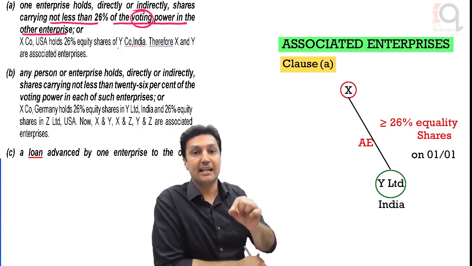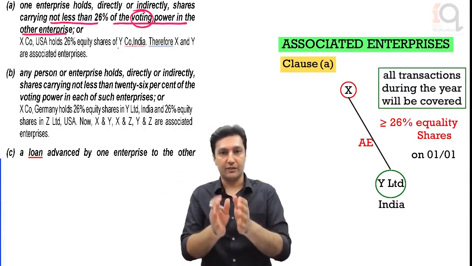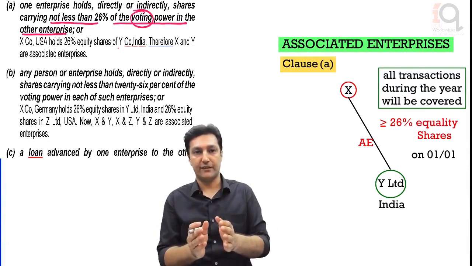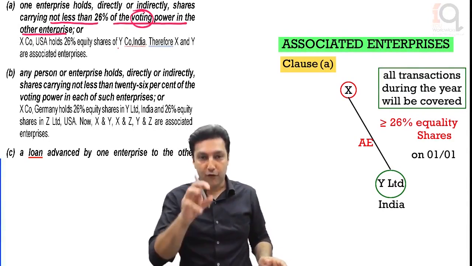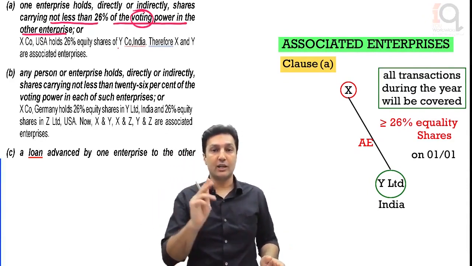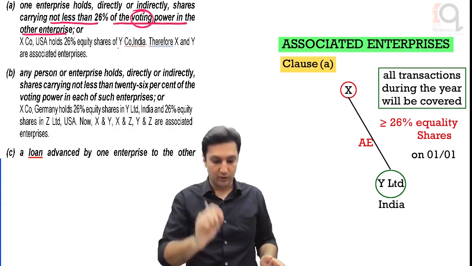Because it says at any time during the year. The answer of course is yes. So if on 1st of January they become associated, transactions after 1st January till 31st of March or before 1st January between 1st April for that year will be covered by the provisions of Chapter 10. Please understand, we are not calculating total income here. We are only calculating the transaction, not the total income.